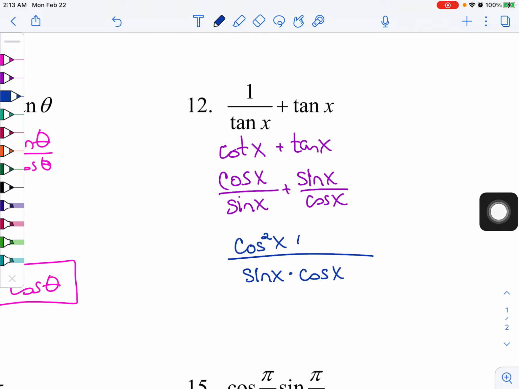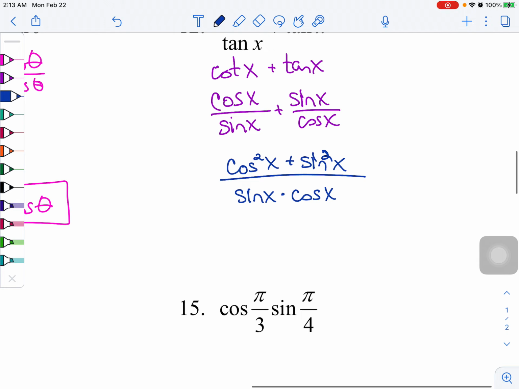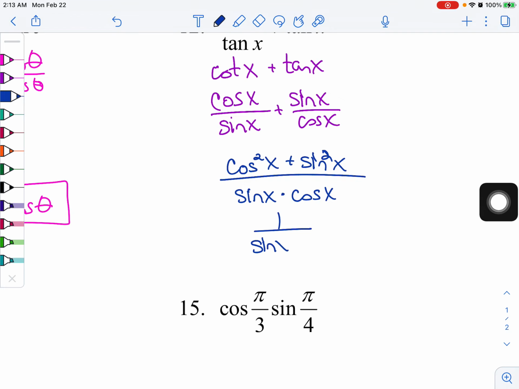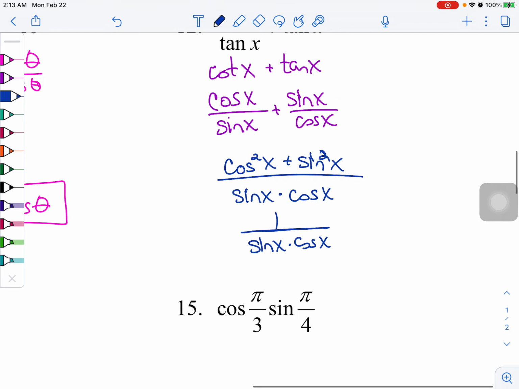So this fraction is missing cosine, so if I multiply the top by cosine, that would create cosine squared x. And if I do the same thing for the second fraction, this is missing the sine x, so sine x times sine x would be sine squared x. Cosine squared x plus sine squared x is 1.